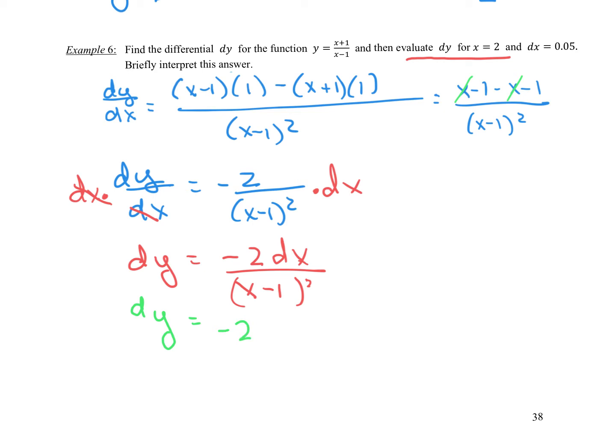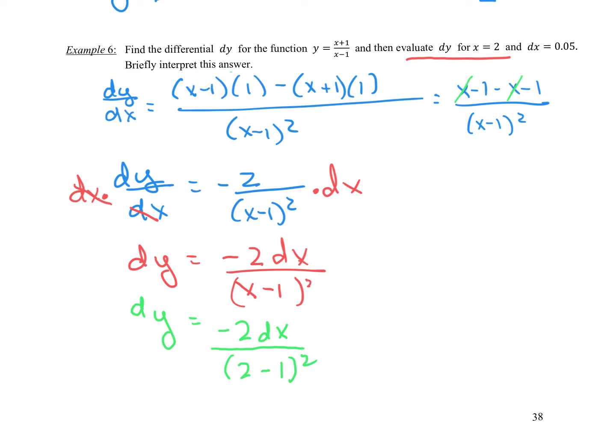So we have negative 2 dx over x minus 1. Now x is 2, correct? They told us that right there. But now they also told us what dx is, right?